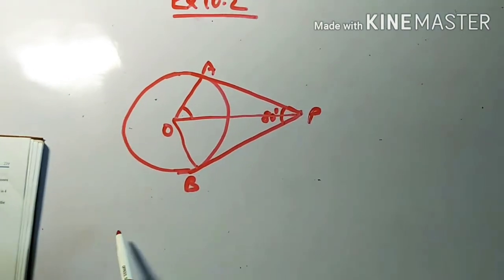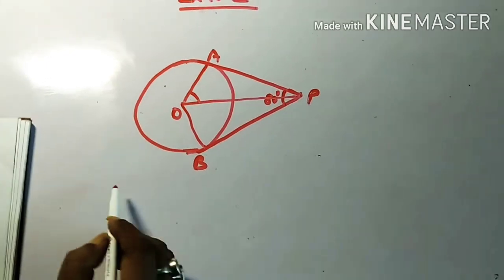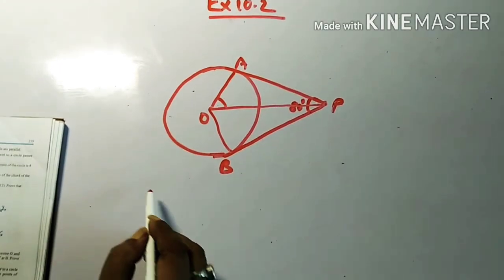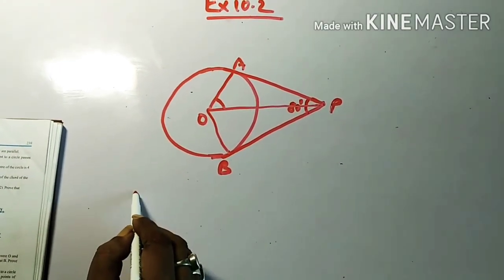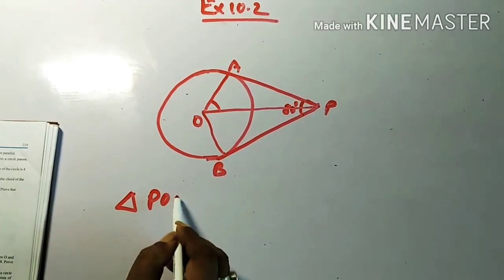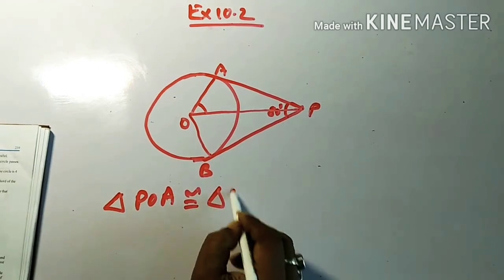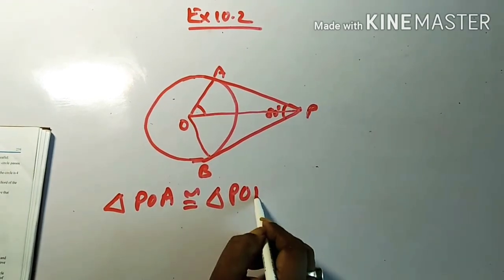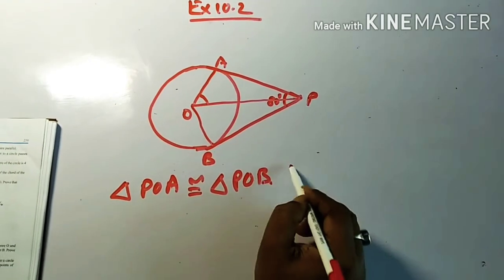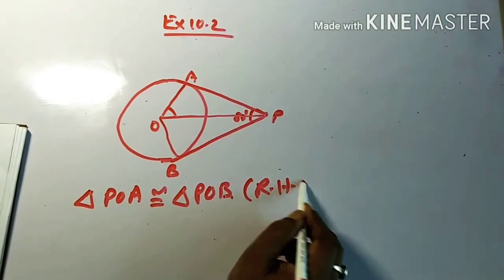Now see one thing, we can directly say that triangle POA is congruent to triangle POB. These two triangles are congruent from RHS. How?